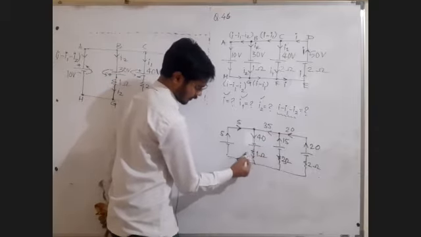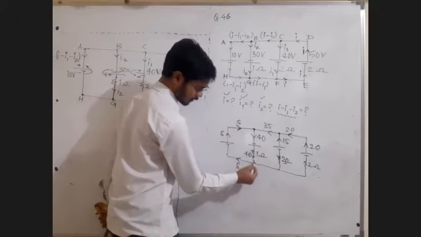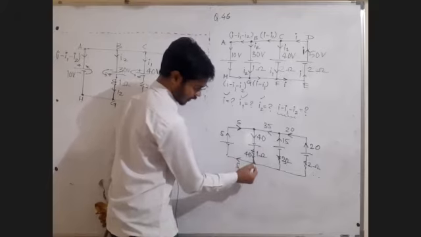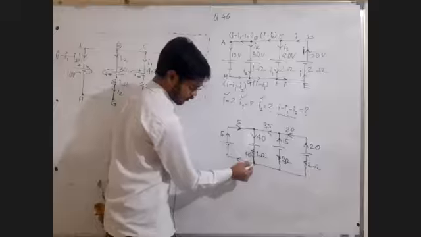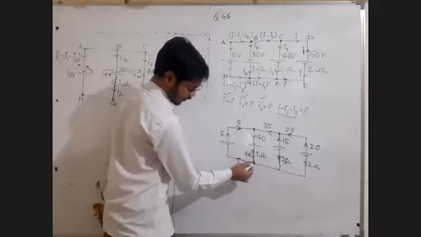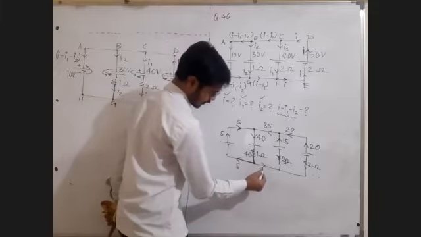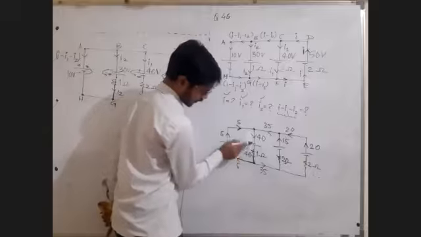The 40 will come here. At this point, out of this 40, 5 has gone leftward, so the remaining 35 will go rightward.